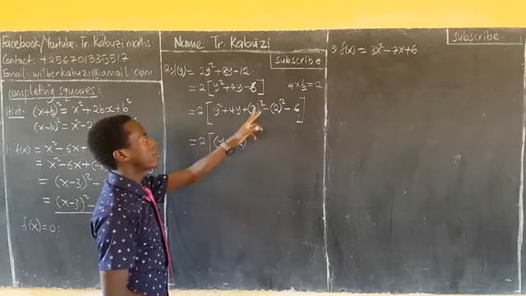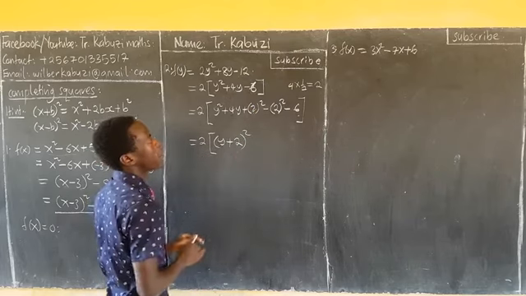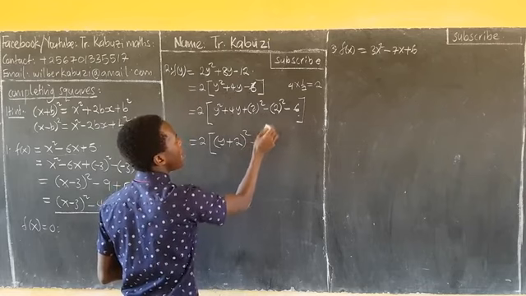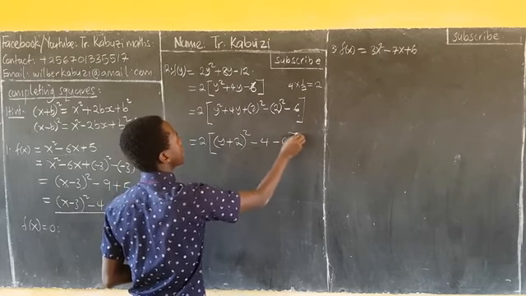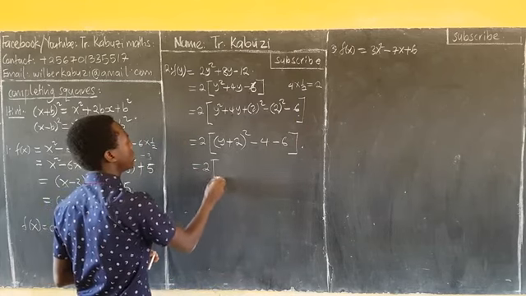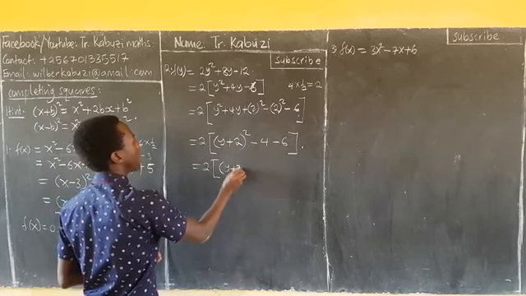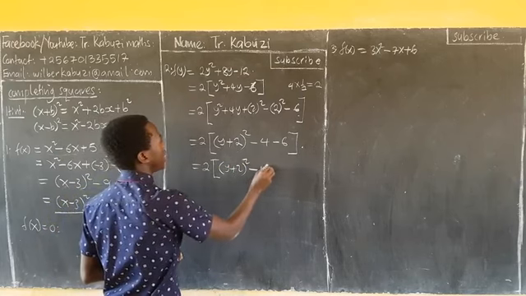Then when you square 2, you get that. So the whole of this is in this bracket. Then this will be minus, when I square this, I get 4, then minus 6 there. Now this will be 2 into y plus 2 squared minus 10.